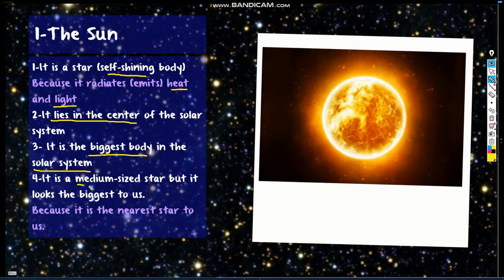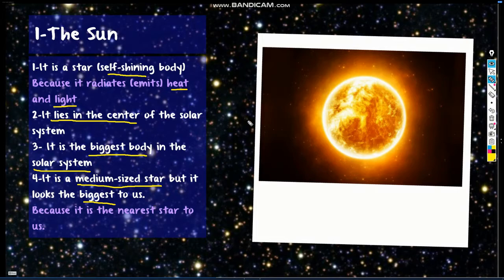It is a medium-sized star. So it is the biggest body in the solar system, but among the stars, it's a medium-sized star. But it looks the biggest to us because it is the nearest star to us. So when you look at the sky at night, you can find small, shiny dots.